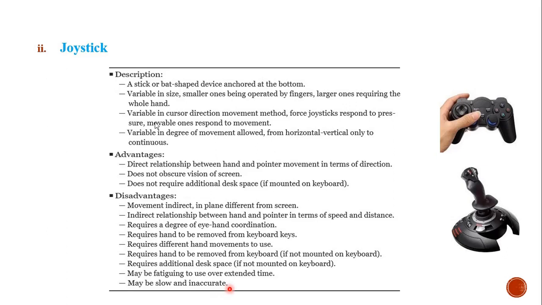So joysticks again have some disadvantages. But the main advantage here is you can move this particular joystick in all directions. Degree of movement is very high in case of joystick.